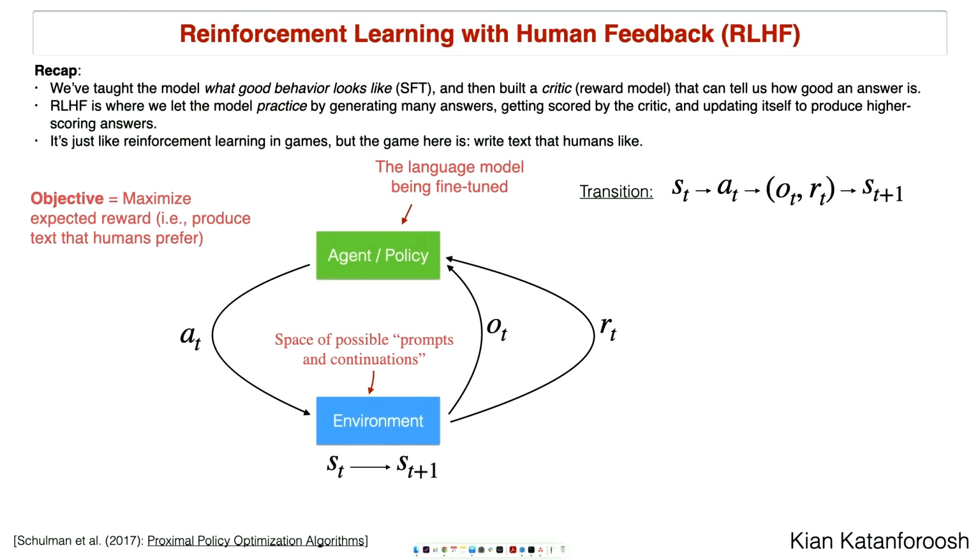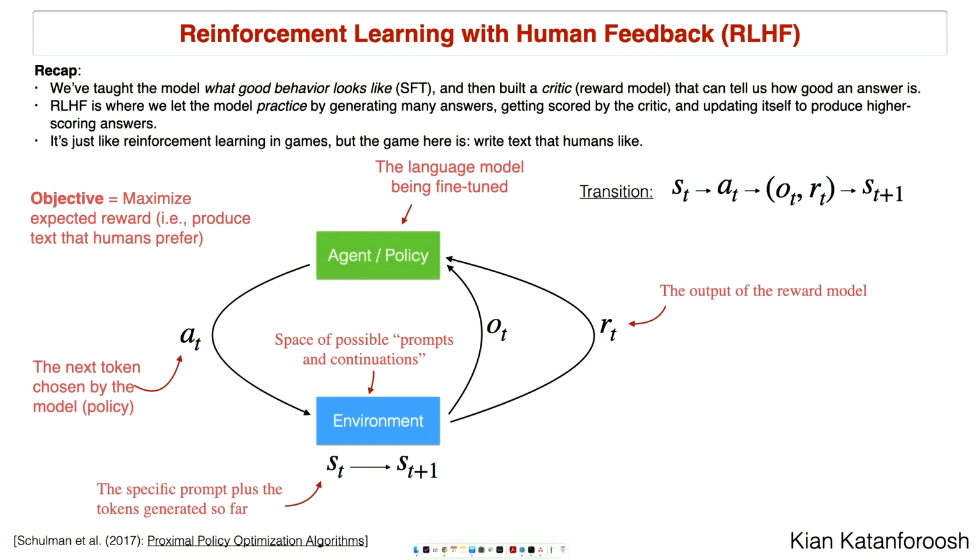It's any text that you can encounter. The state is the specific prompts plus the tokens that were generated so far. The next state is one more token added. And the action is the next token that is chosen by the agent or the model, which is, of course, determined by the policy. And then the reward is estimated by the reward model that we trained to represent human preferences.